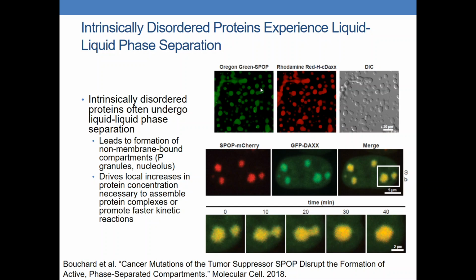What happens is these intrinsically disordered proteins form these emulsions where the concentration of protein within is much higher than in surrounding space. This is really kind of cool because what this does is it leads to local increases in protein concentration that are necessary to assemble protein complexes or make chemical reactions go faster.